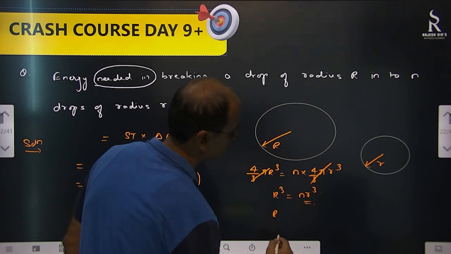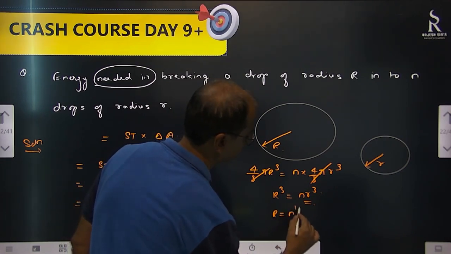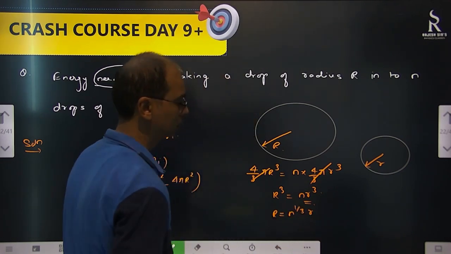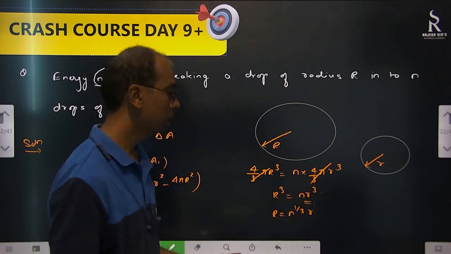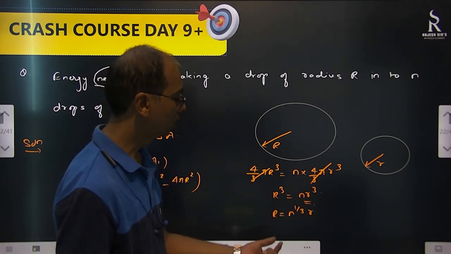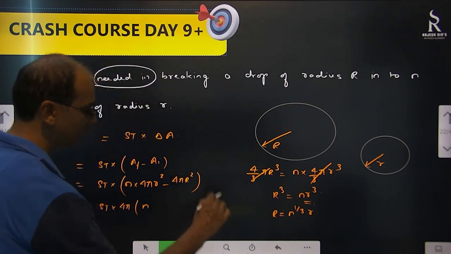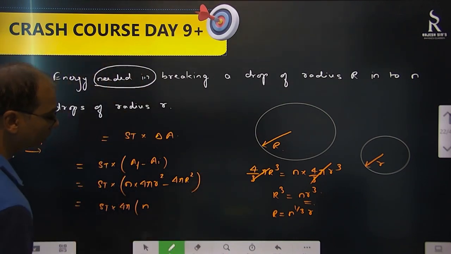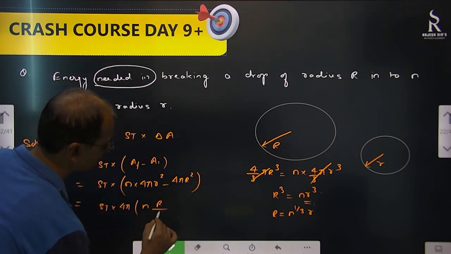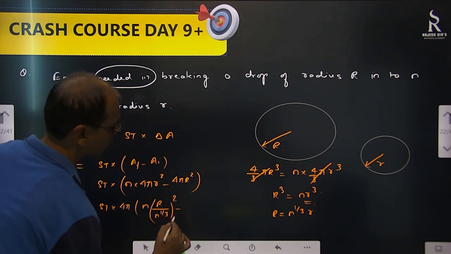R equals n to the power 1 by 3 r. Cube root I have taken. So the small r value we can write as R by n to the power 1 by 3. So R by n to the power 1 by 3, square, minus R square.